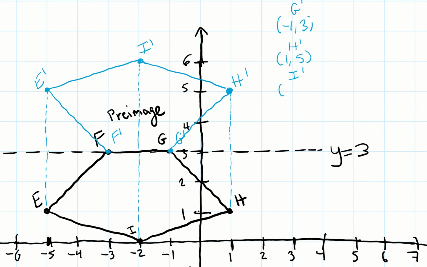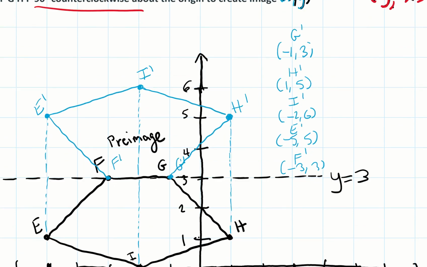The next prime is negative 2, 6. E prime is negative 5, 5. And F prime is negative 3, 3.